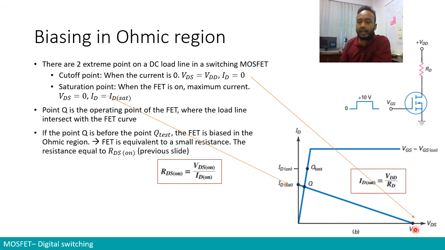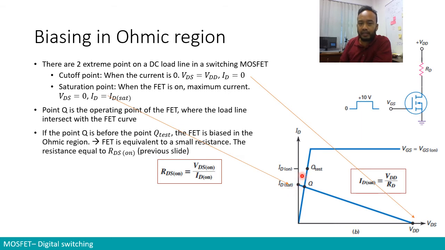And then the other extreme point is when we are at this point where we have as minimum as possible, for example, hypothetically, close to zero resistor. If we have close to zero resistor, then all the current will flow through it without any problem, so we will have the maximum possible current. We will be operating at maximum current. So maximum current is basically what we call ID saturation.